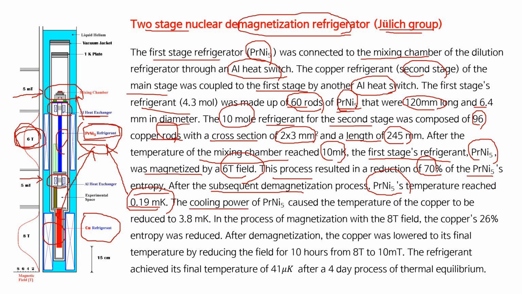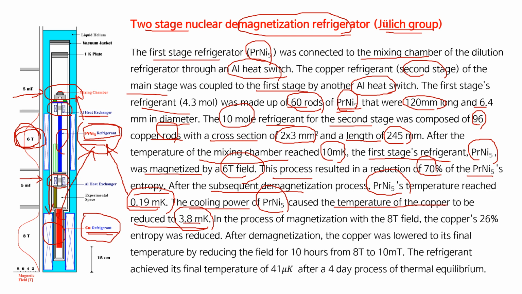The cooling power of PrNi5 causes the temperature of the copper to be reduced to about 3.8 millikelvin.